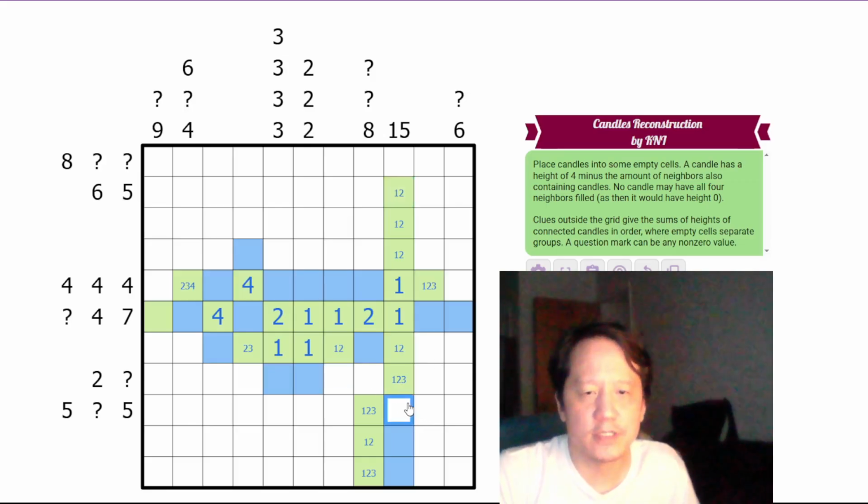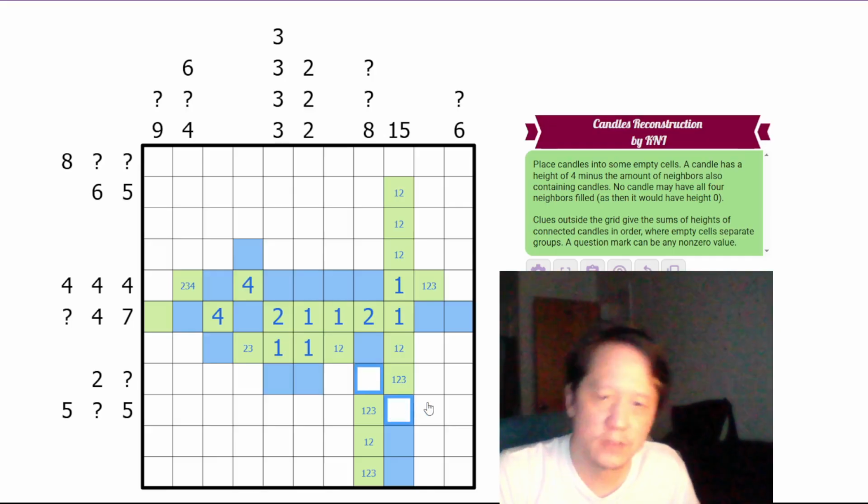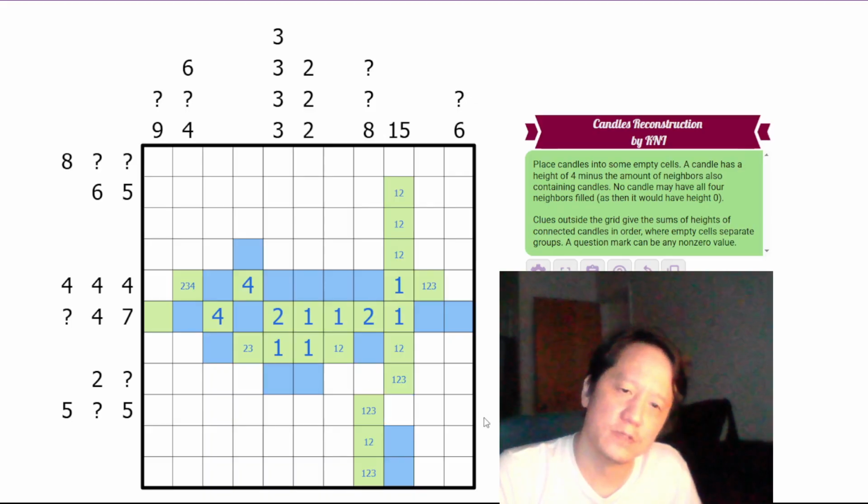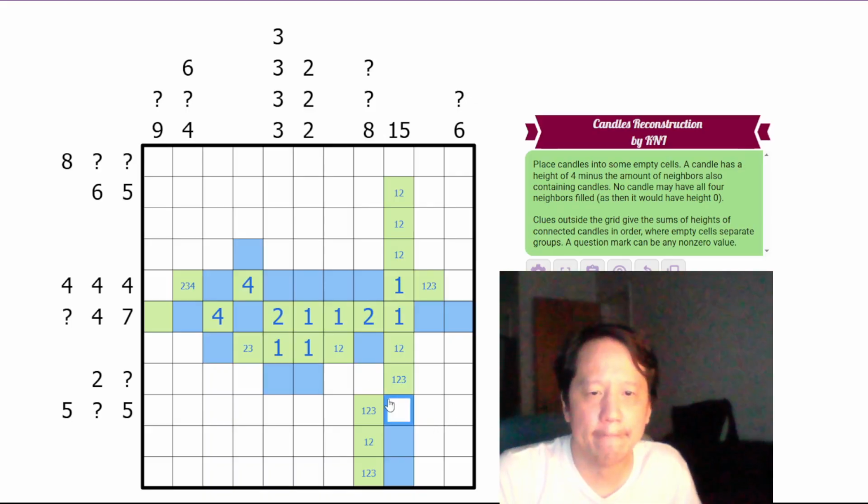We just did this shaded, and that seems like it works. Does it though? I don't know. 3, 2, 3 seems like it worked okay.